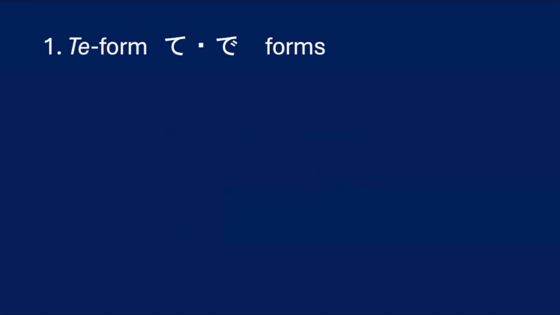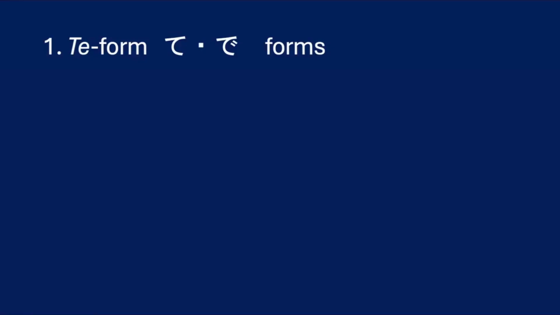So the first big grammar point in this lesson is the te form. Sometimes it's te ending, and other times, as it says here, de ending. But we're going to call it te form, just to have coherency. In grammar terms, te form is a gerund, but you don't have to remember that term.